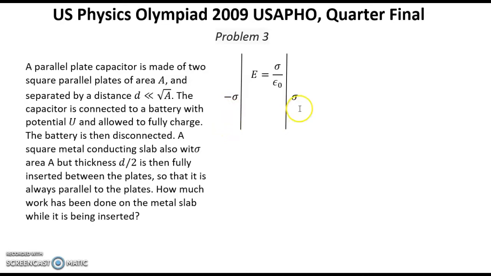It has area charge density sigma on its plates. On the right plate we have positive charge, on the left plate we have negative charge. So it means that the electric field will be equal to sigma over epsilon 0 inside. And we can count the total energy of this electric field using this formula.